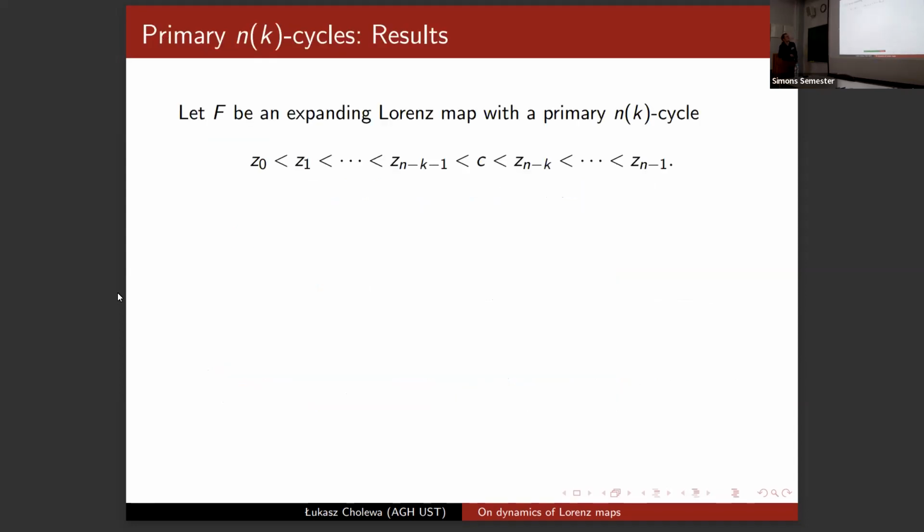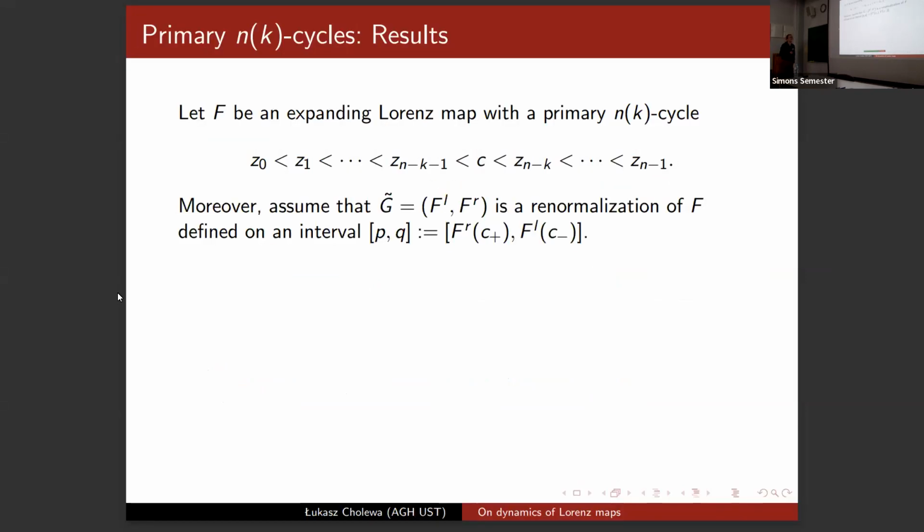So, in general, when I have an expanding Lorenz map with a primary nk cycle, and if I have some renormalization f to the L, f to the R, then by our theorem, we can have two cases. The first one is that both numbers L and R are less than n, and the second case is that n divides both of these numbers, L and R. Okay, so in the first case, when both numbers are less than n, then I will have these inequalities.